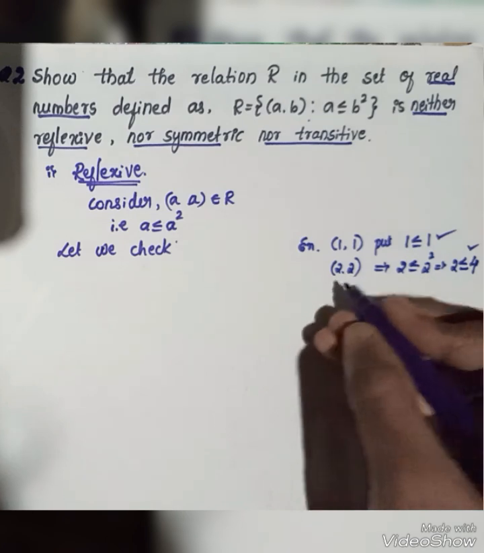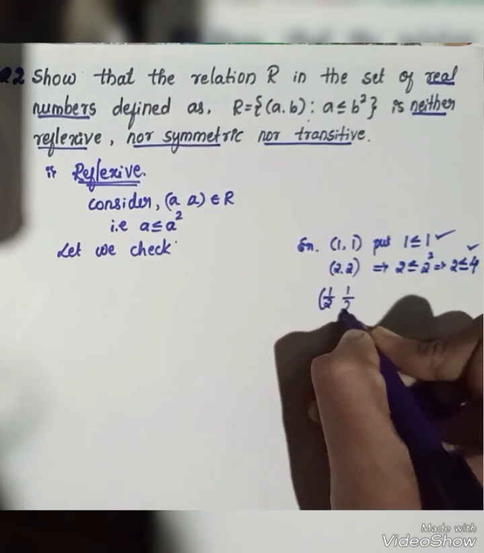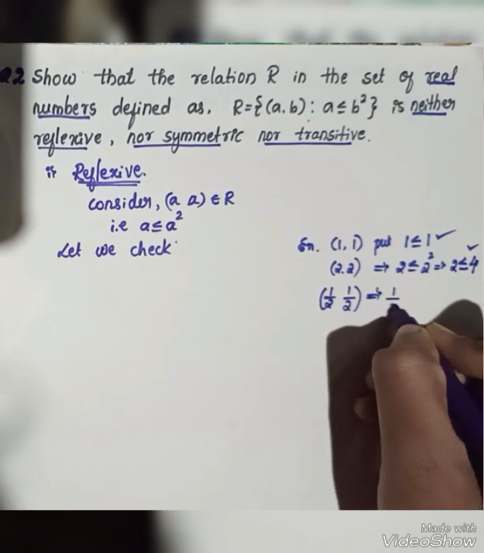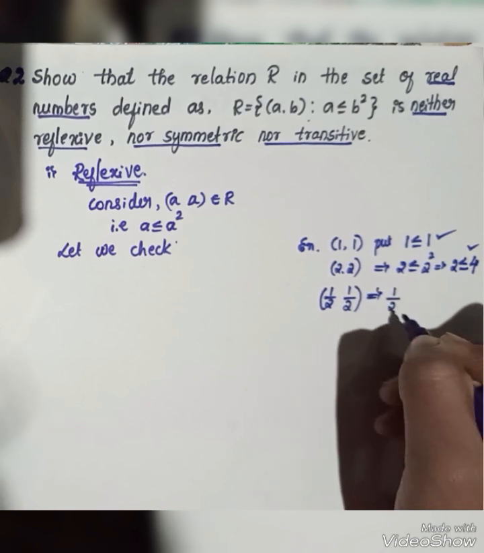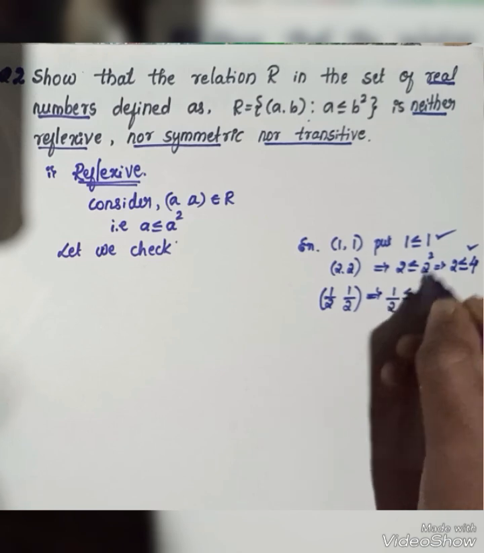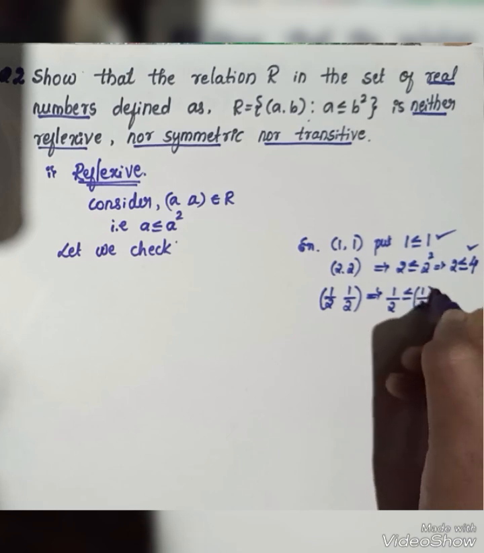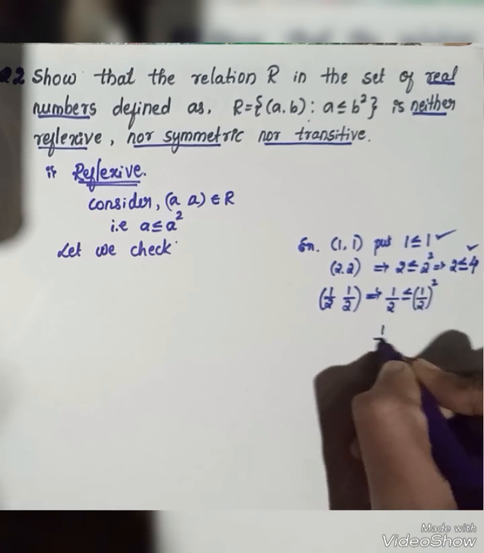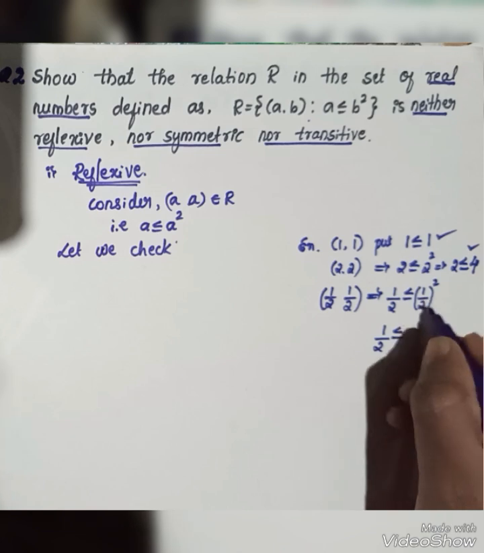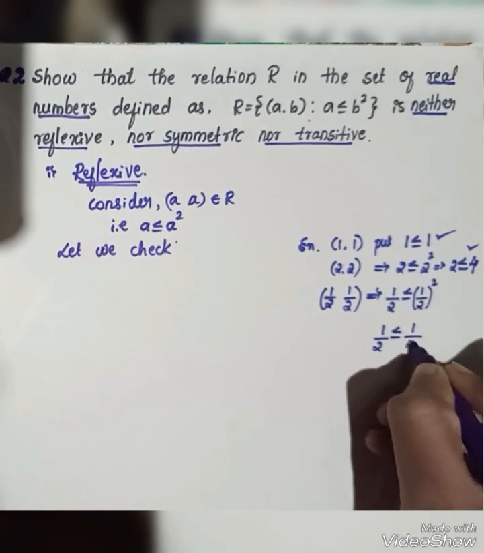Then take 1 by 2 comma 1 by 2, such that 1 by 2 is less than or equal to 1 by 2 square. 1 square will be 1 and 2 square will be 4.